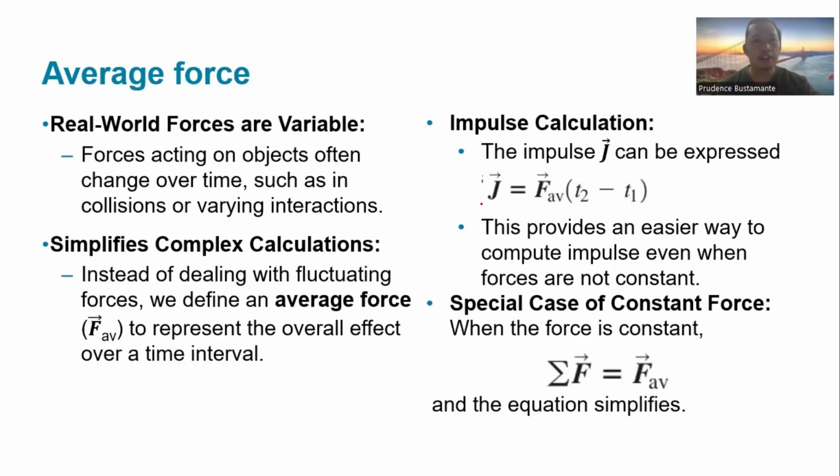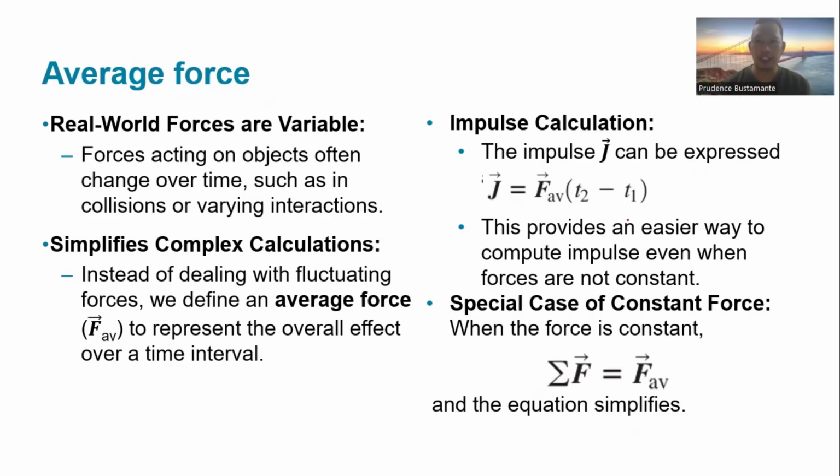In the real world, forces are variable. Forces acting on an object often change over time, such as in collisions or varying interactions. So instead of dealing with the fluctuating force, we now define an average force to represent the overall effect over a time interval. We define F average such that the impulse J can be expressed as F average times the time interval.